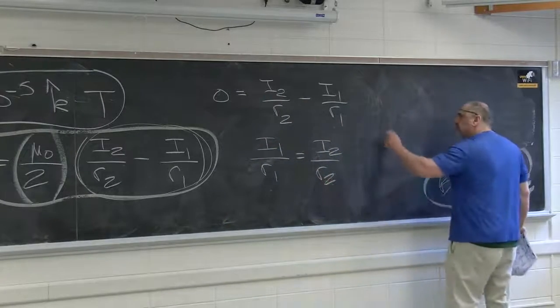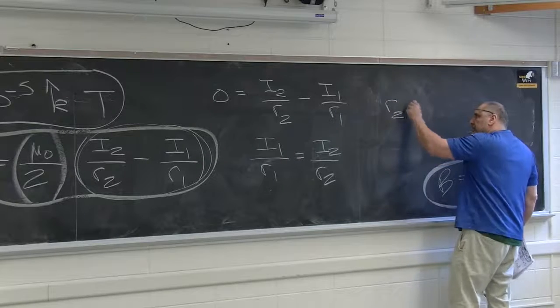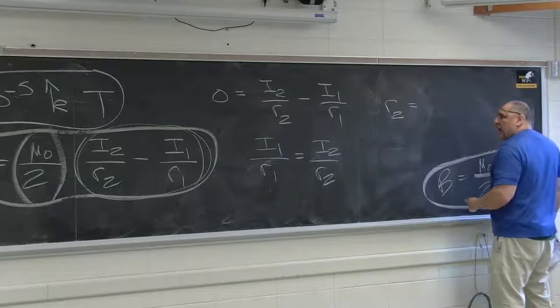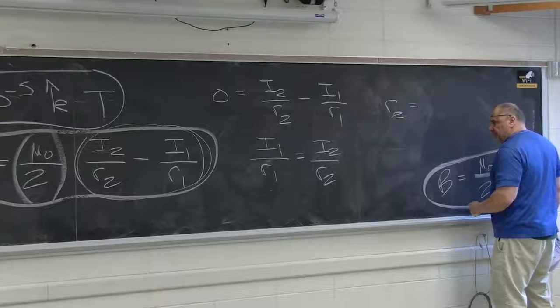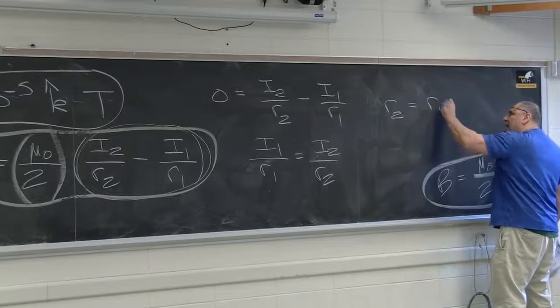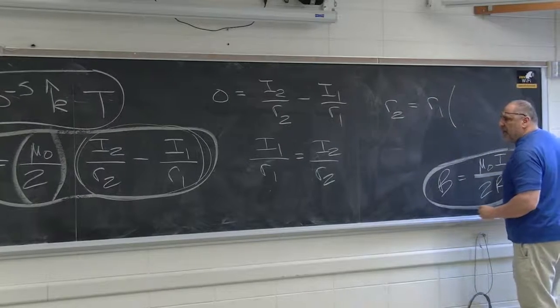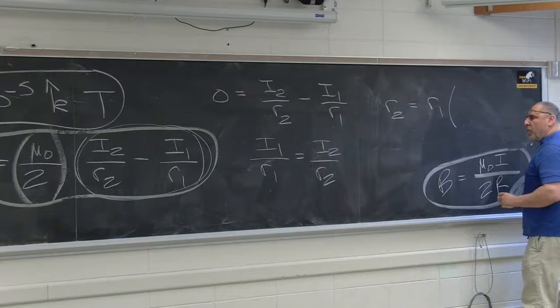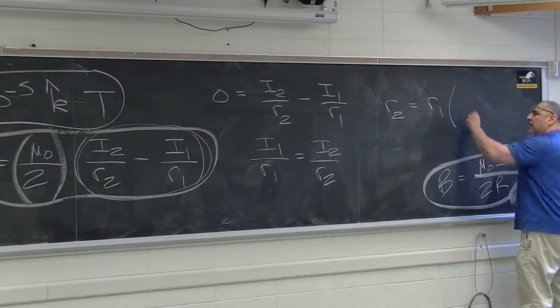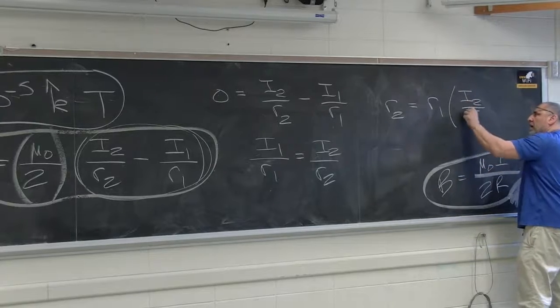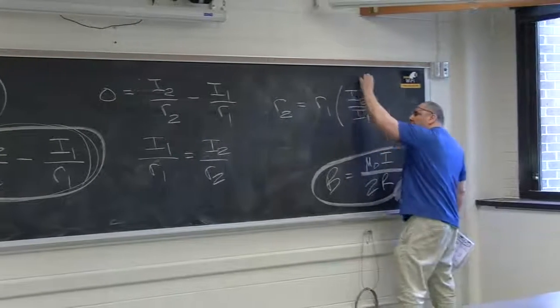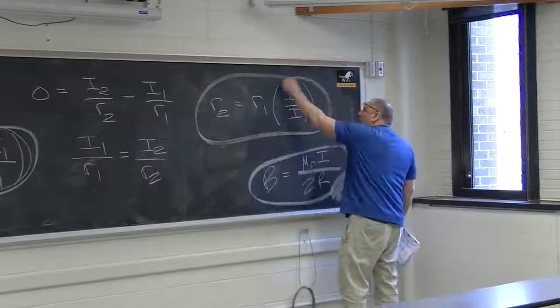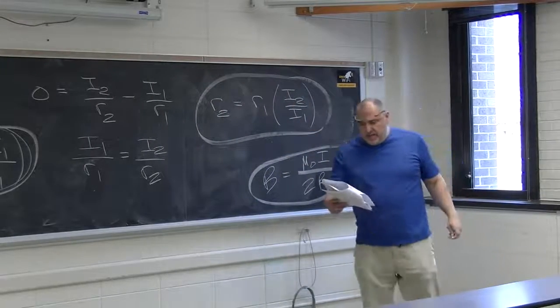Do the algebra. Multiply by R2 on each side, and multiply by R1 on each side, then multiply by R1 and divide by I1. That's going to make it happen.